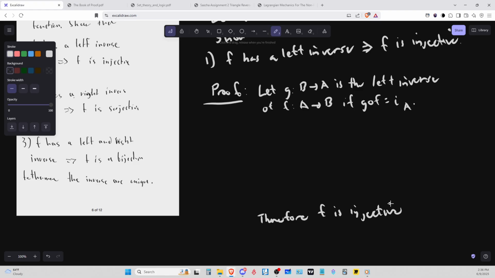Okay, now to fill in the middle. Write the definition of injectivity, it might help you. Okay, let's see.